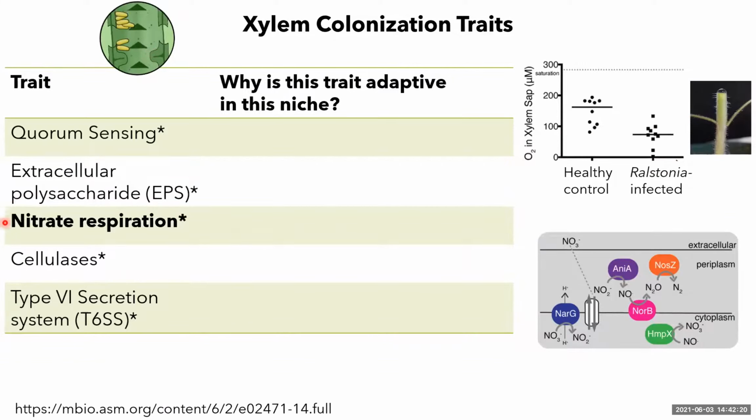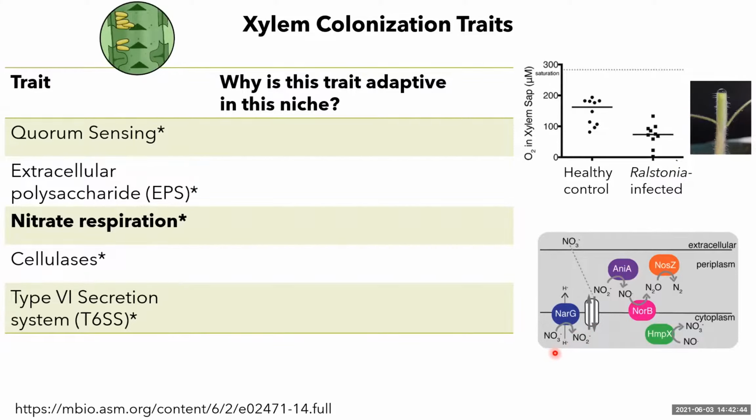Ralstonia also has some unique respiration strategies. I guess they're not that unique, but Ralstonia, as opposed to us, which have to breathe oxygen, Ralstonia also prefers oxygen. However, we find during infection, it prefers it so much and grows so rapidly that it really decreases the amount of oxygen that's present in the plant.